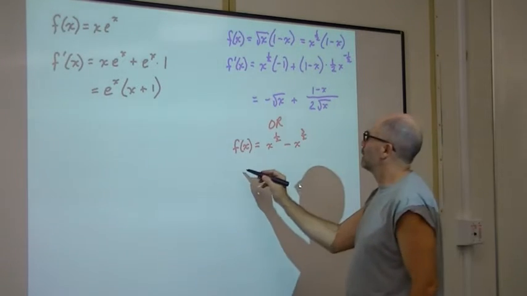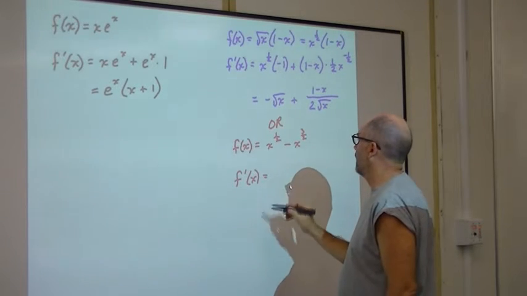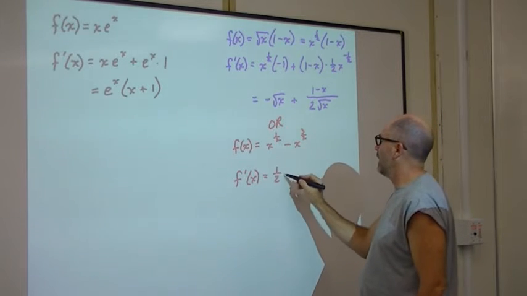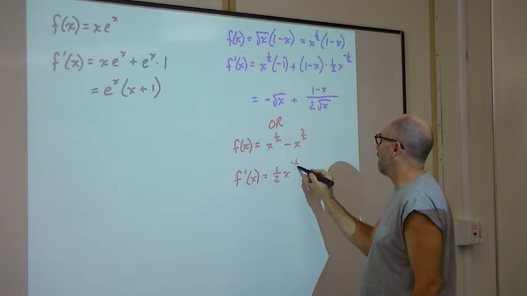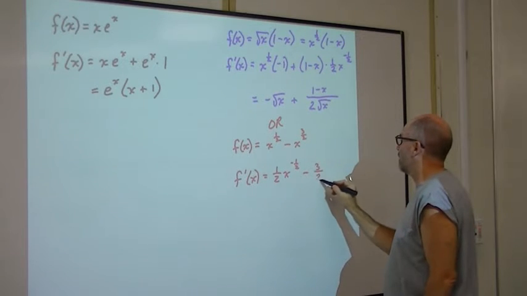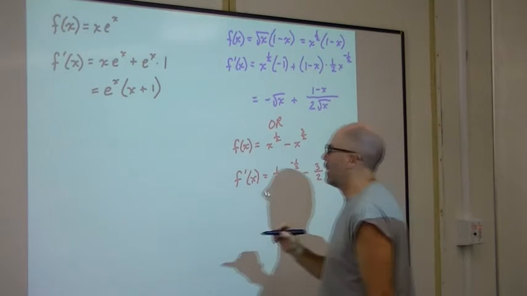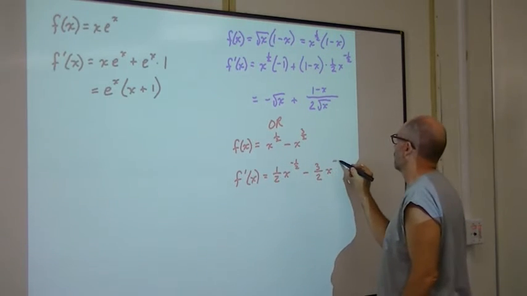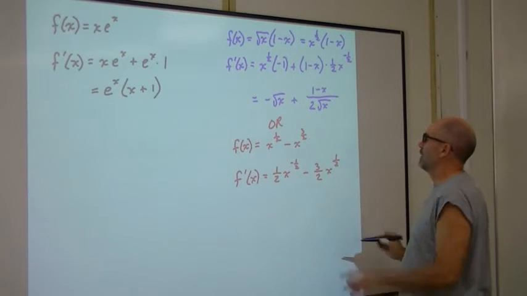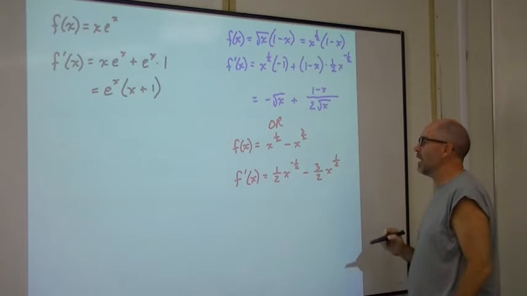Now, if I want to do the derivative of this, all I do is the derivative of the first one is 1/2 x to the minus 1/2, and the derivative of the second one is 3/2 x to the 1/2. Notice I bring this down and then drop it by 1, so dropping 3/2 by 1 makes 1/2.